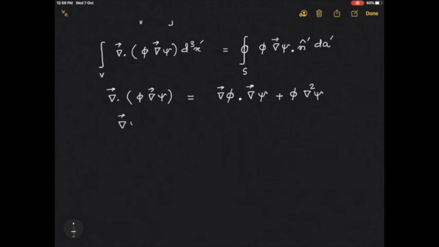In the right hand side, I have this grad psi dot n cap.